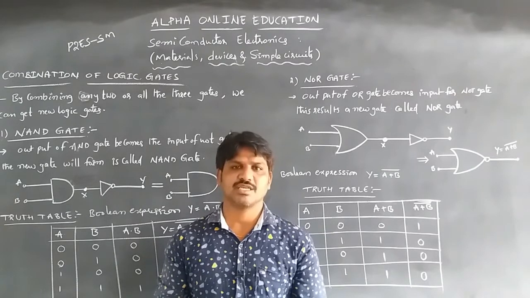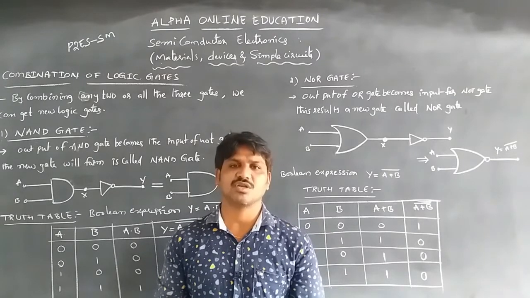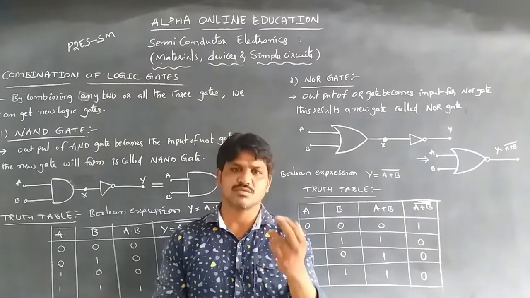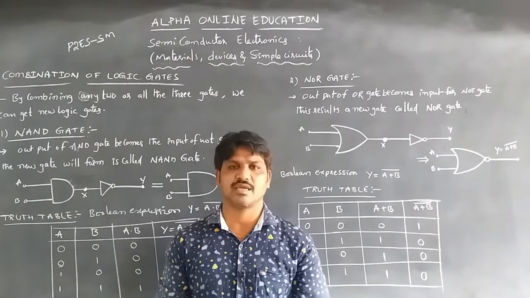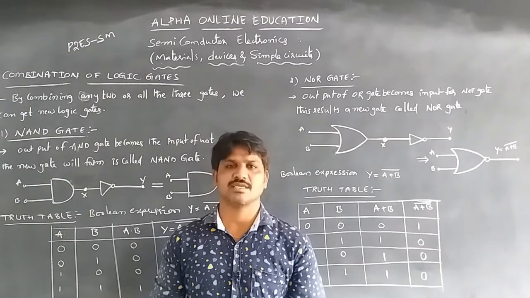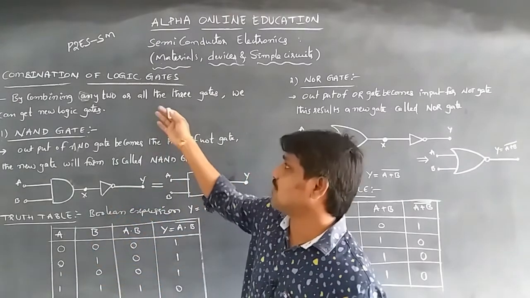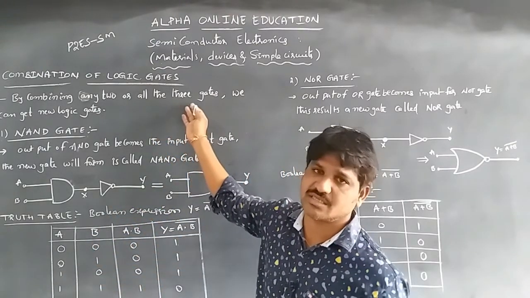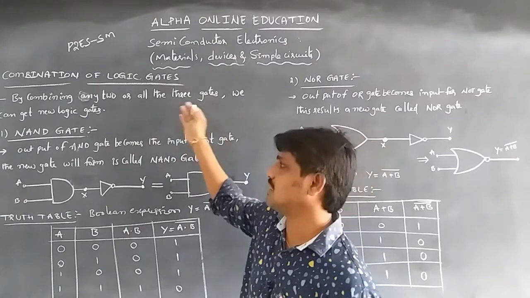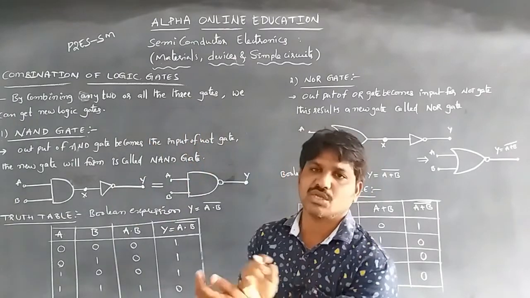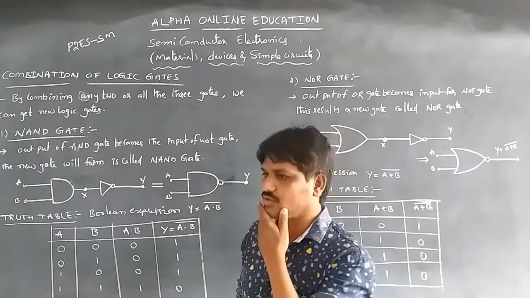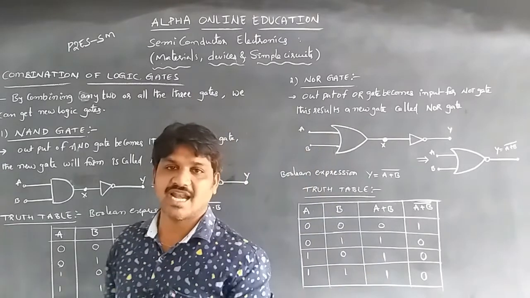By combining any two or all three of the AND, OR and NOT gates, we can get a new logic gate.